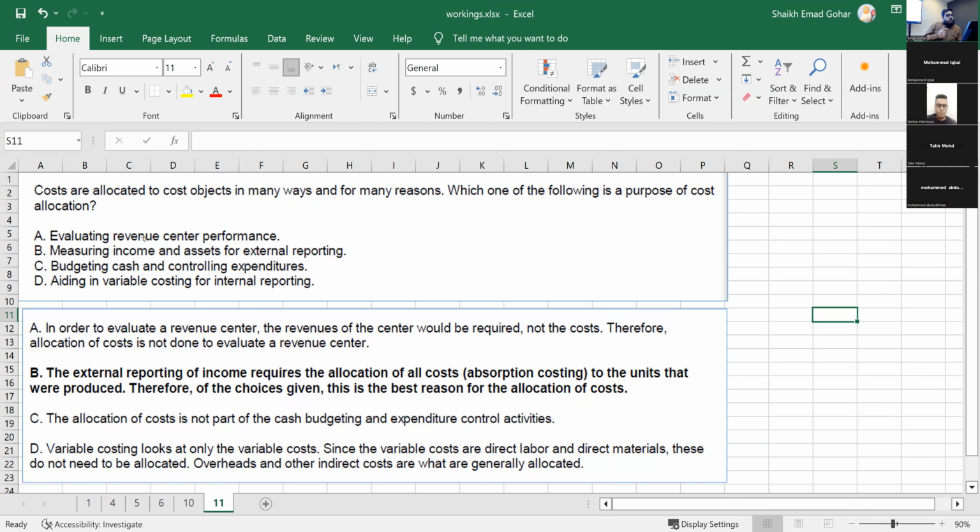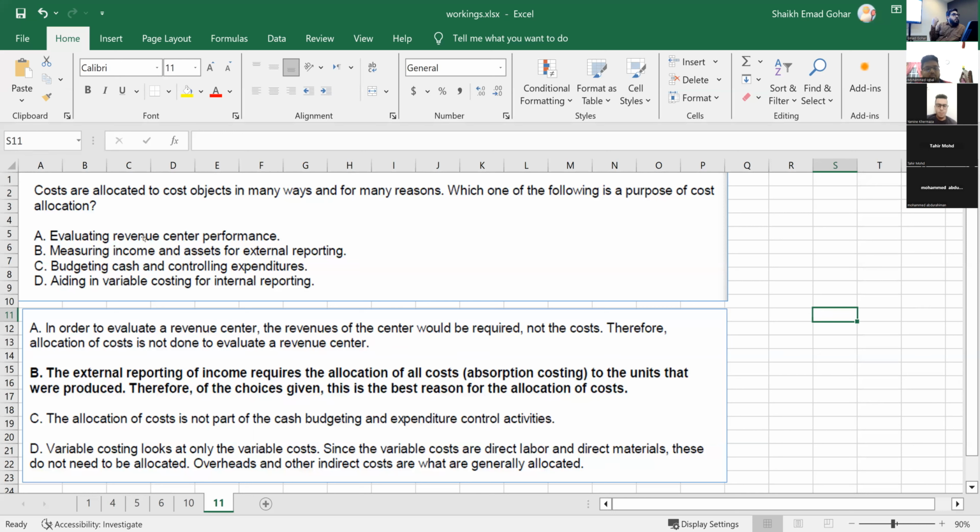So now if I ask you to compare B and D, because in the exam this will happen. Two options will fight, so you need to select the best option. Whether you will select B or D. So what is B? They say measure income and assets for external reporting. Because in external reporting, we have two allocations: fixed overhead allocation and variable overhead allocation also, right?